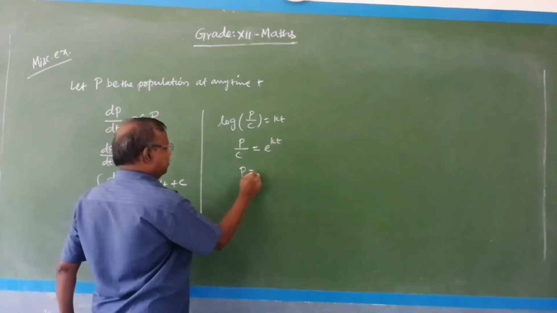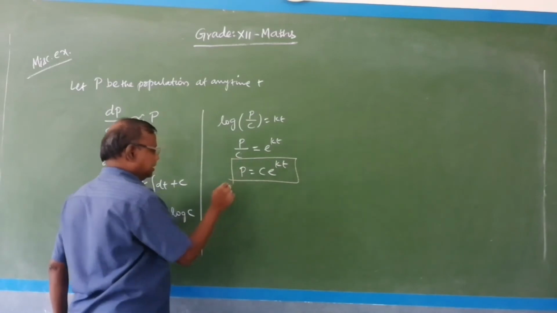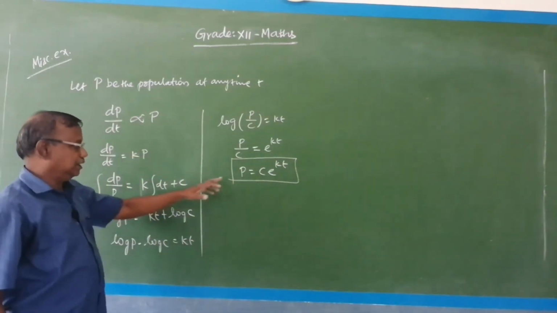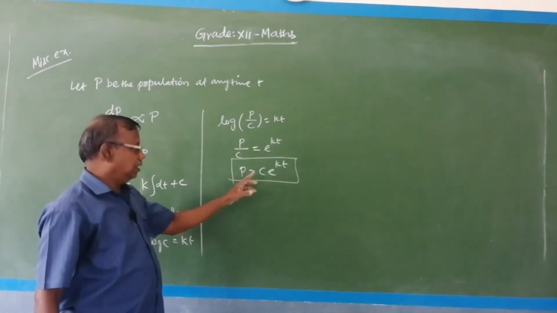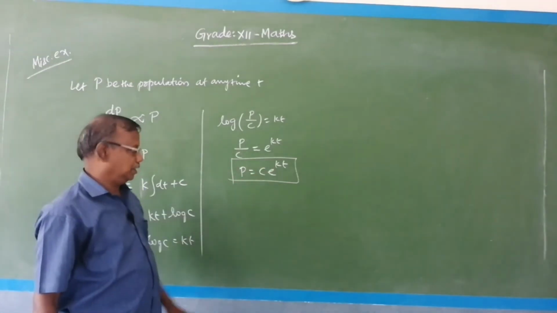So, p equal to c e power kt. So, this is the general solution for this. Here p is the population, c is a constant of integration and k is a constant of proportionality.